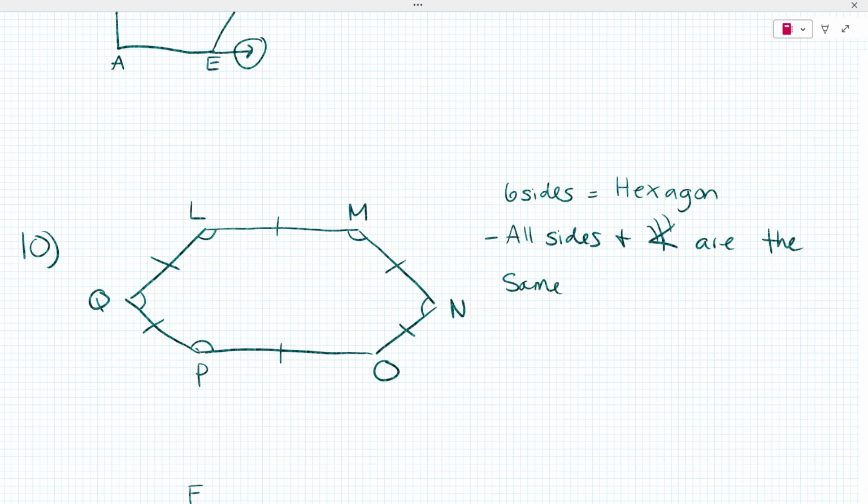So it's regular and it's convex. Let's move on.